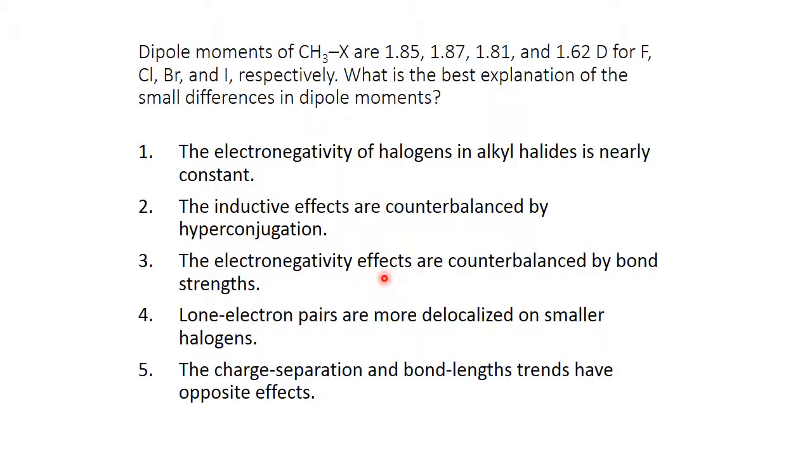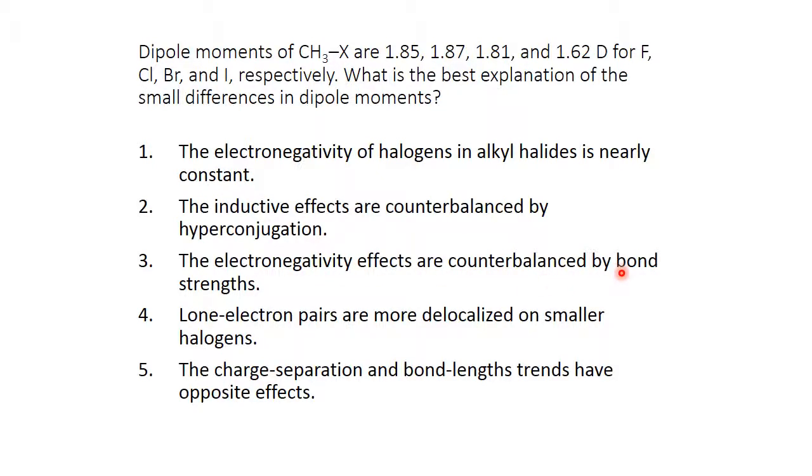The electronegativity effects are counterbalanced by bond strength. Well, the carbon-fluorine bond is going to be really, really strong, and the carbon-iodine bond is going to be a lot weaker. That's not really going to explain the electronegativity effects.